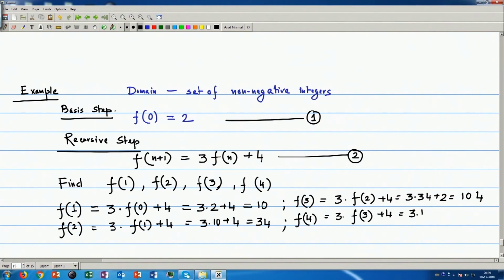Oh sorry, this should be 4 not 2, because my recursive step is 3 f n plus 4.